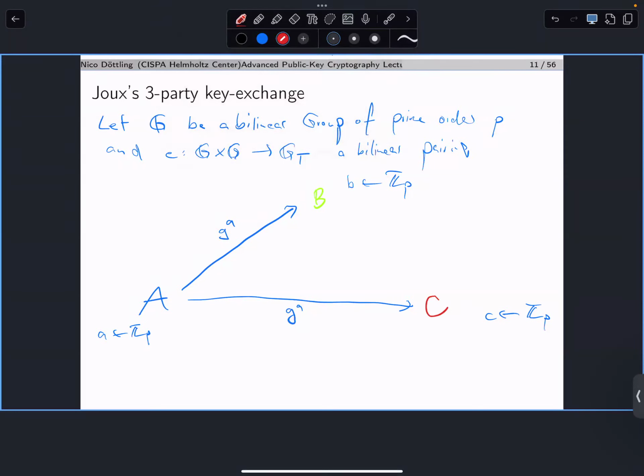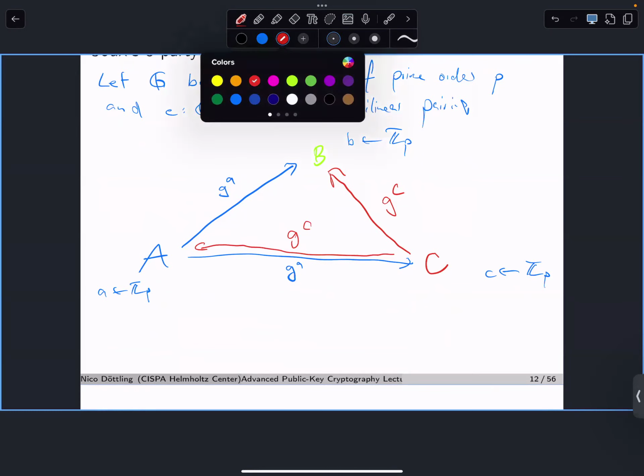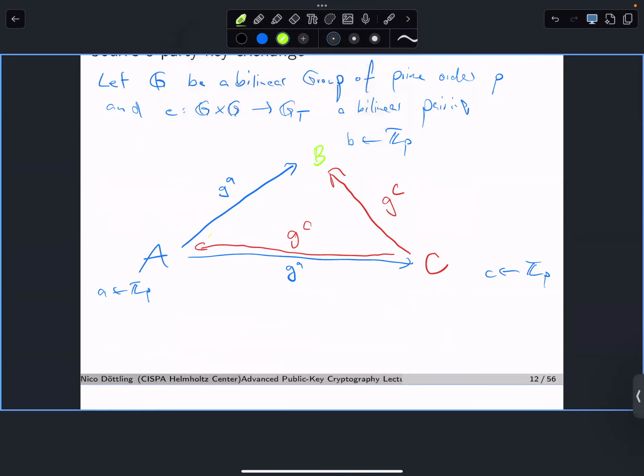Charlie sends g to the c to both Bob and Alice. And Bob, of course, sends g to the b to both Alice and Charlie.